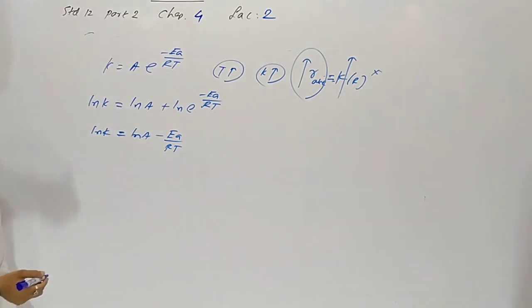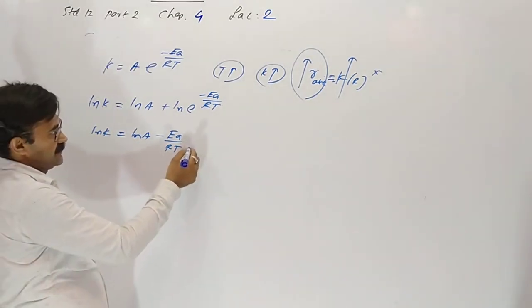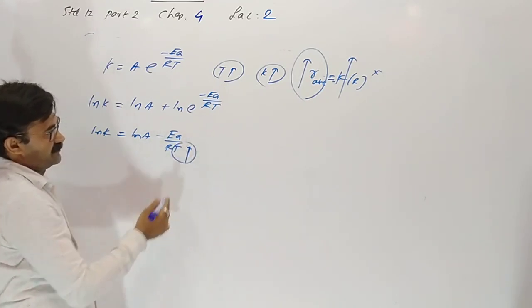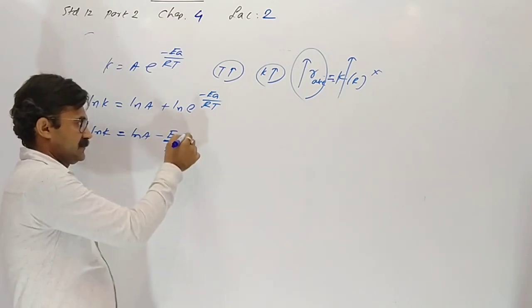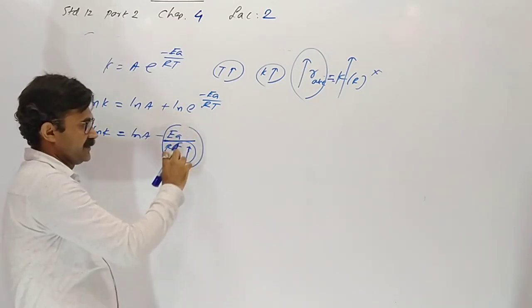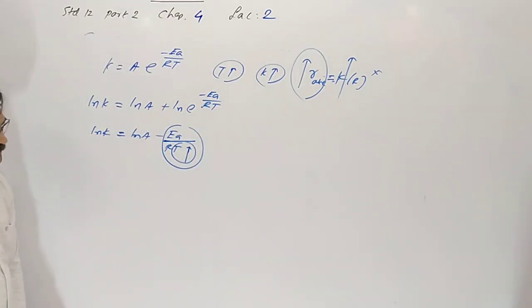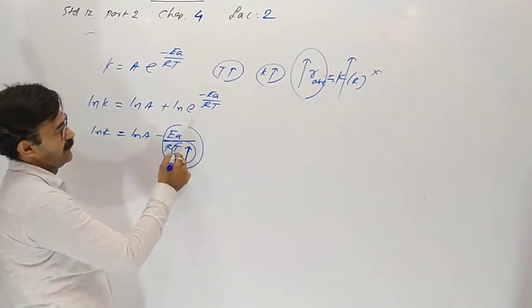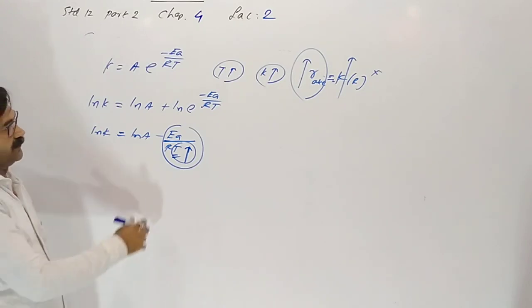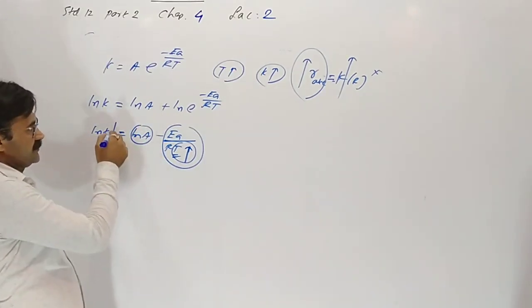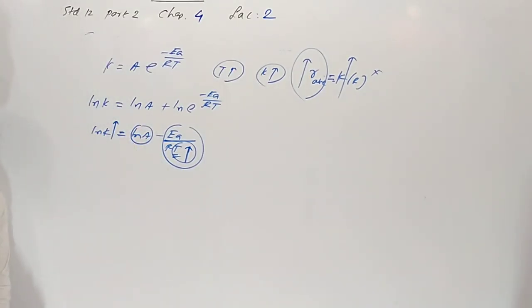So you can see when we increase the temperature, the lower part is more, so the actual value is very small. Ea is divided by a larger temperature value, so there will be a low value, and the low value is subtracted from ln A, so K will be high.